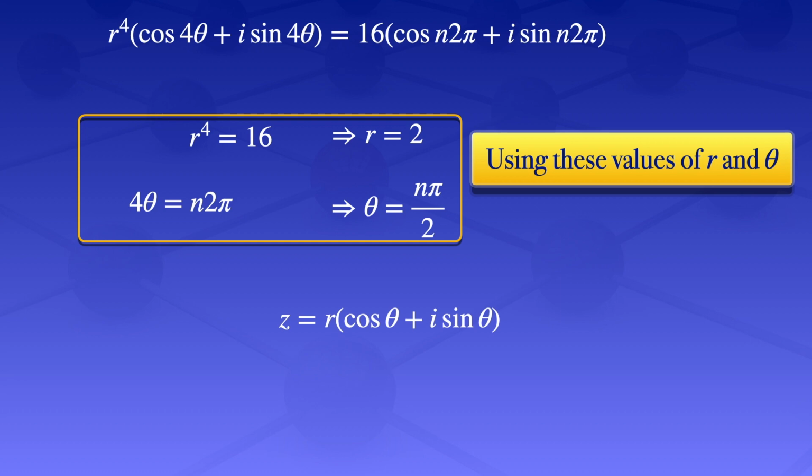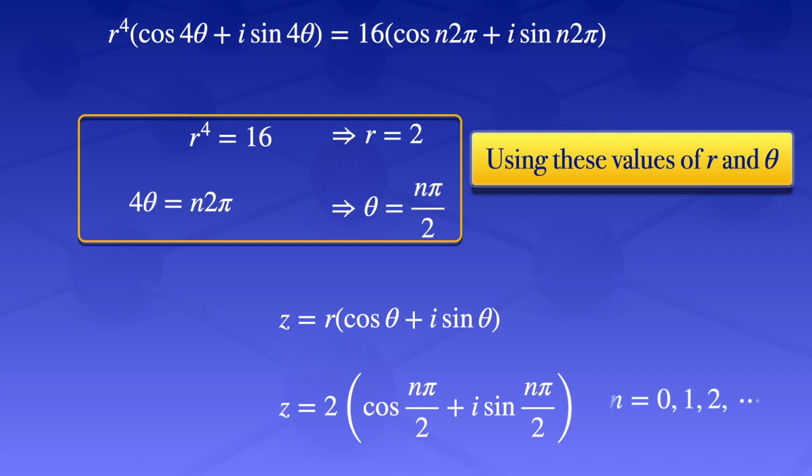If we substitute those values into z, we get that z is equal to 2 times (cosine of n pi divided by 2 plus i sine of n pi divided by 2), where n is 0, 1, 2, and so on, since cosine and sine are periodic. So that's the solution to the equation z to the power 4 is equal to 16.